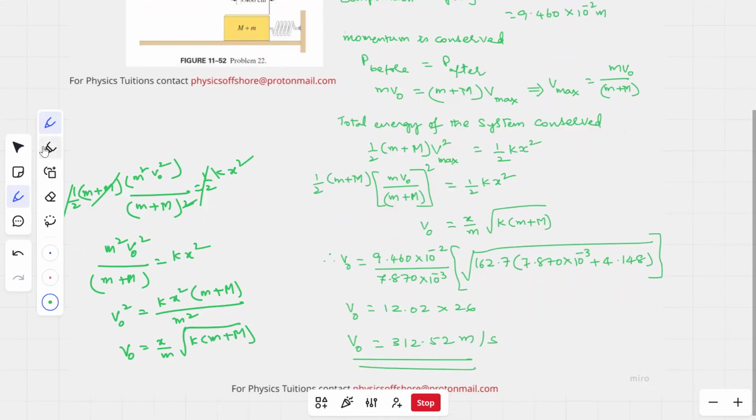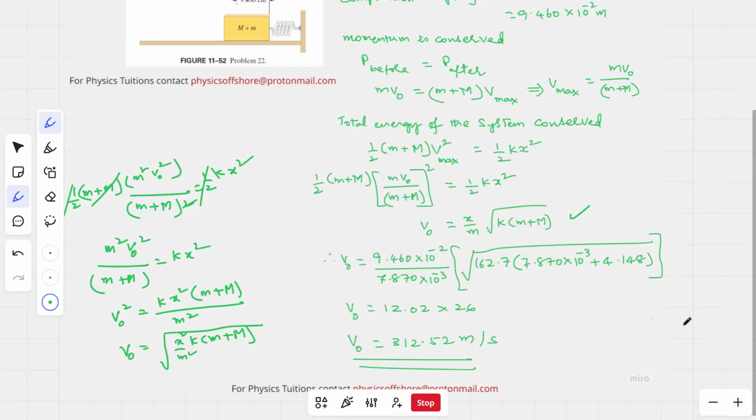Understood? This is the equation: v naught is equal to x by m square root of this one.